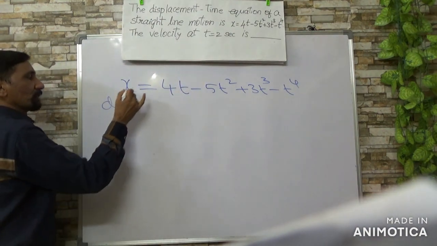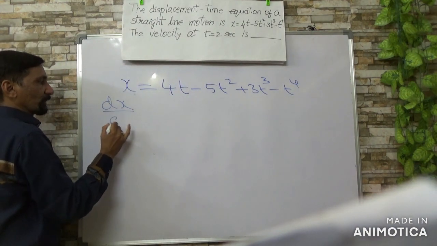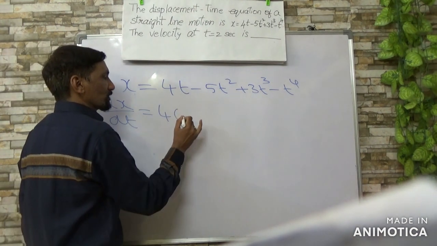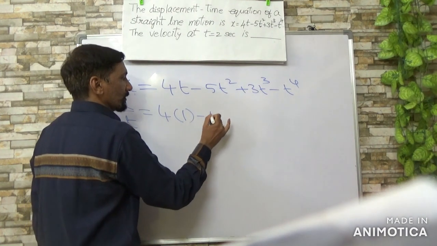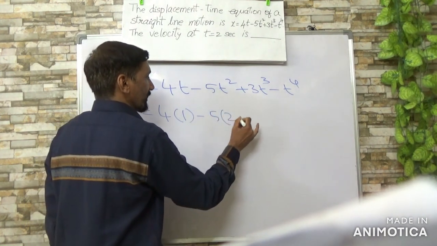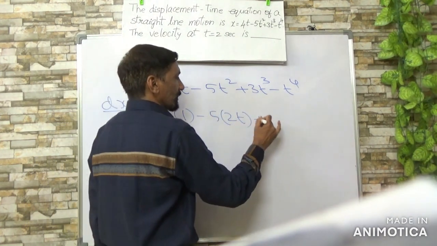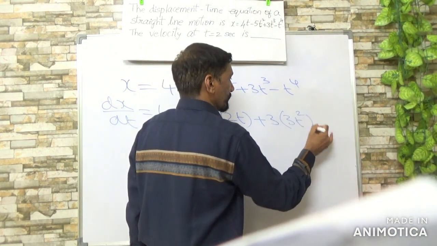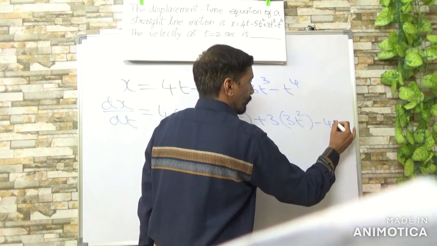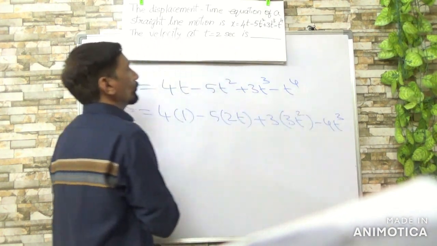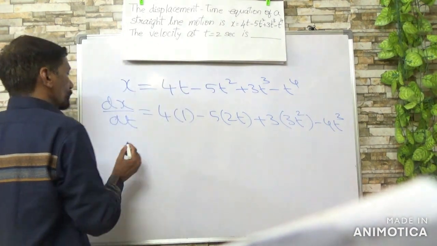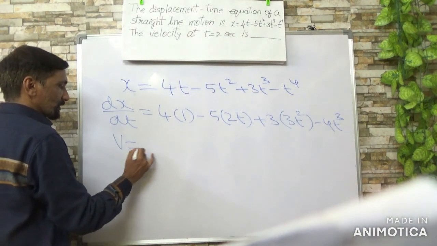So differentiating displacement with respect to time: 4 into the differential value of t, 1, minus t square, 2t, plus 3 into t cube, 3t square, minus 4t cube.